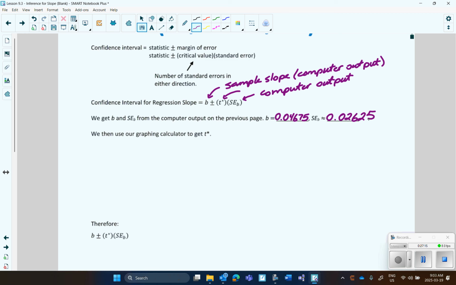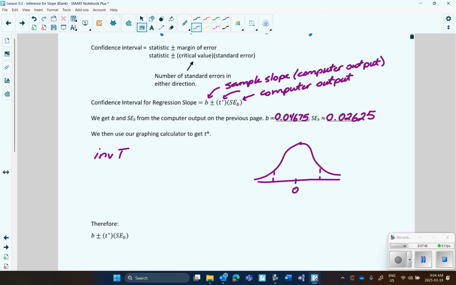And remember, to find the number of standard errors away in a 95% confidence interval, which means 95% of the distribution is covered, we have to use inverse t on our graphing calculator. So if you think about it like this, this is 0.